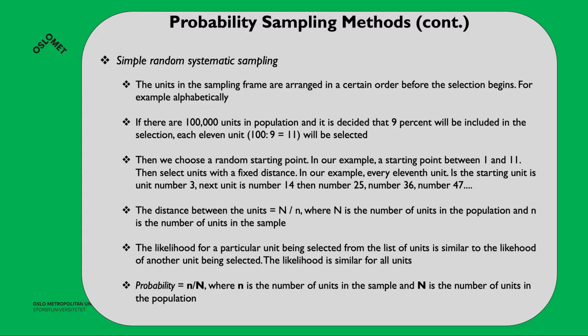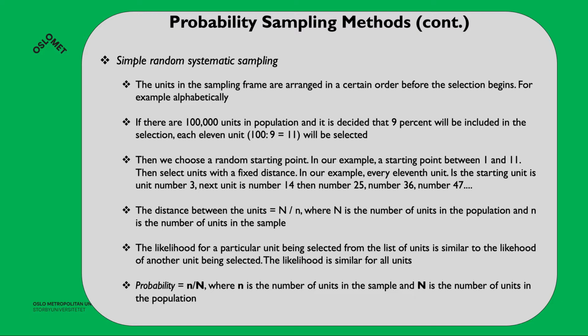If the starting unit is unit number 3, the next unit is number 14, then number 25, number 36, and number 47, and so forth. And the distance between the units is large N over small n, where large N is the number of units in the population and small n is the number of units in the sample.